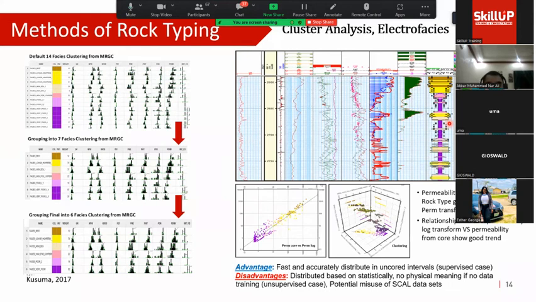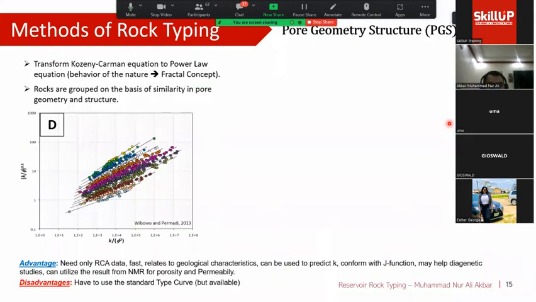The last method that I want to explain is about the pore geometry and pore structure. It was developed firstly by Permadi in 2009. Then Wibowo and Permadi in 2013 tried to transform it into better models in order to create the rock type curve, to make it easier to define rock type.